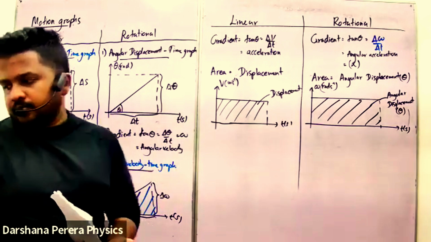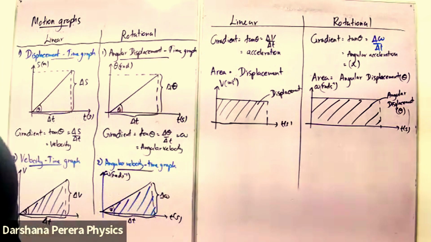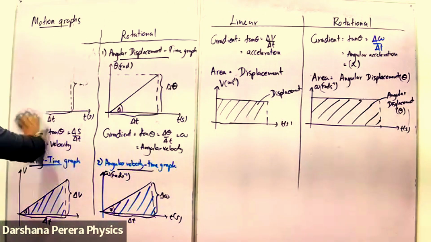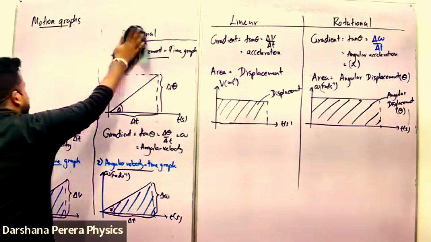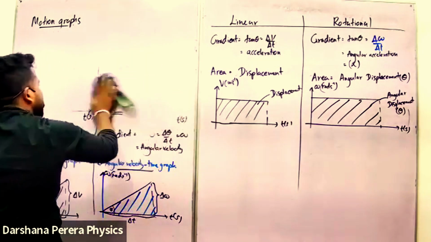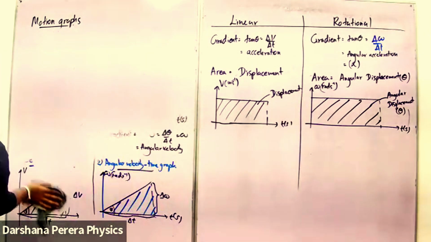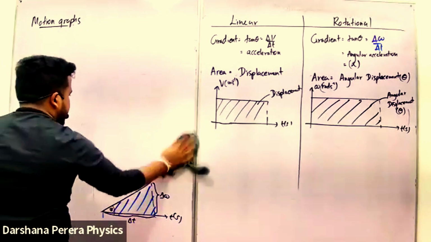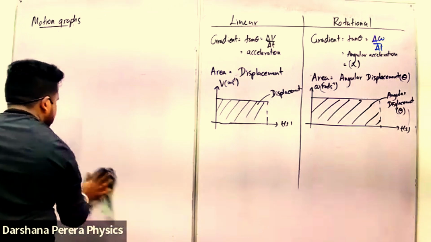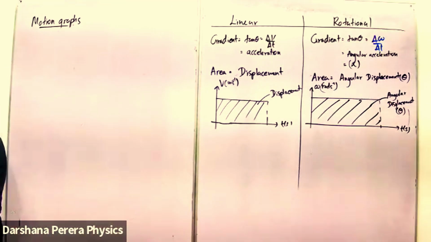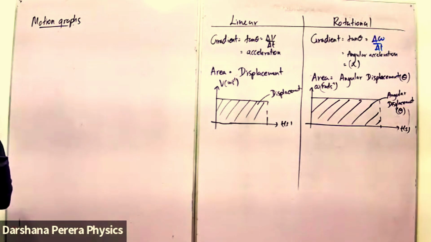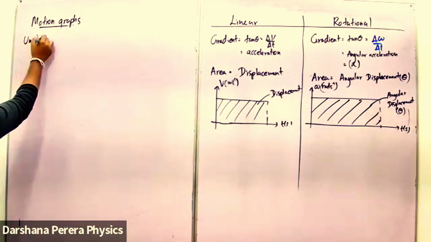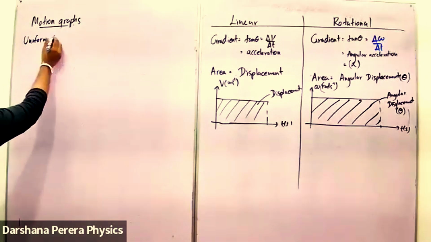Then write after this: draw theta t, omega t, alpha t graphs for uniform angular velocity.